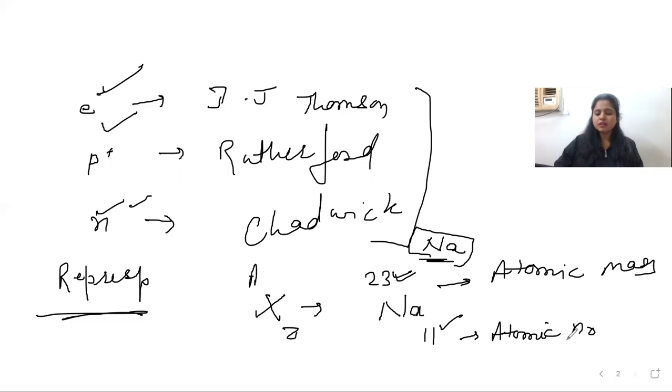How do we say that atomic number is 11, and how will we find the number of electrons, number of protons, and number of neutrons?